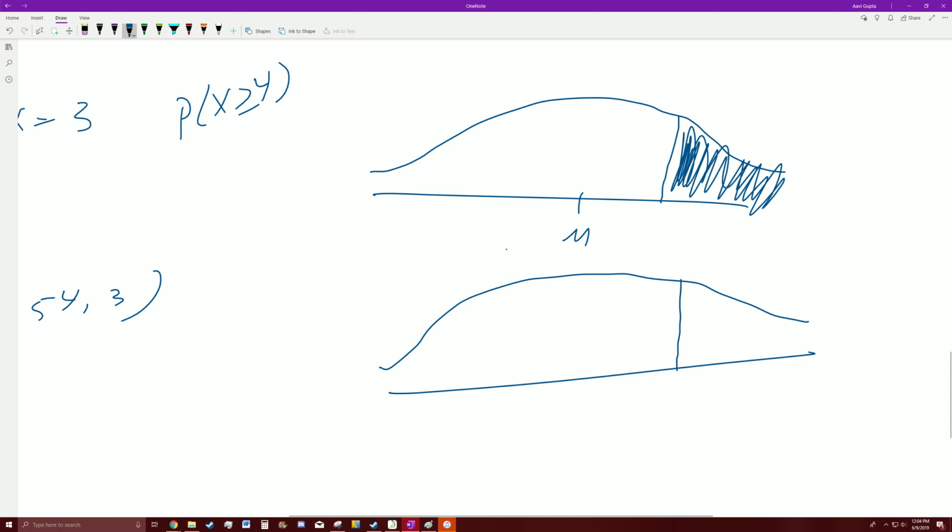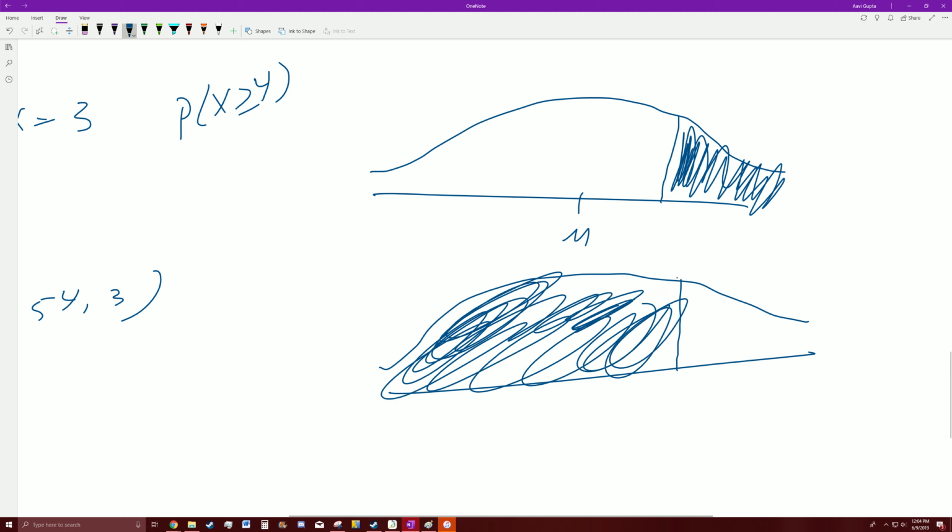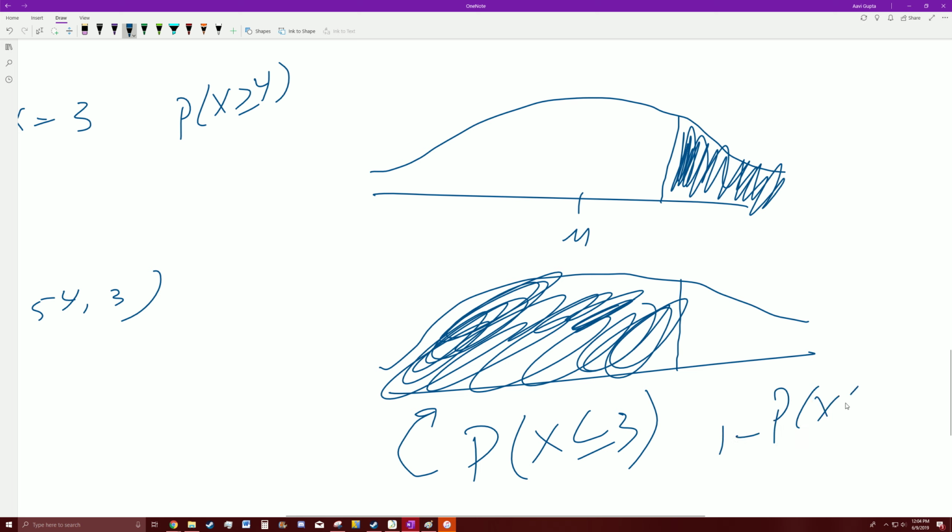It doesn't recognize greater than or equal to; it just works with less than or equal to. So if we want to find this region, it's the opposite of X greater than or equal to 4, meaning the probability that X is less than or equal to 3. And if we want this shaded area, it'd just be 1 minus this.